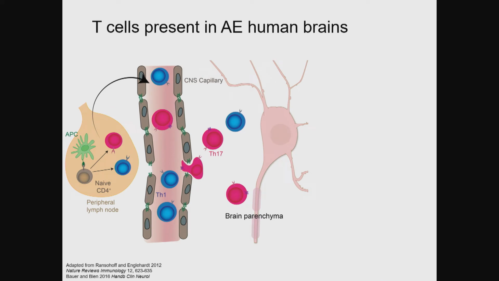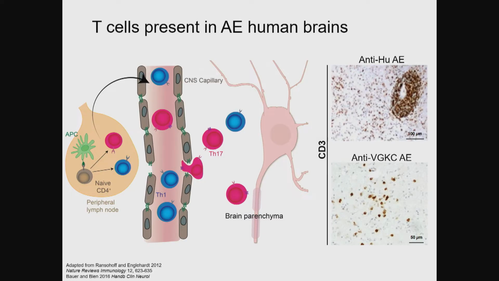So do we see T cells in autoimmune encephalitis brains that are not MS brains? And the answer is yes, we do. These are two postmortem brains from two different autoimmune encephalitis, non-PANDAS, but targeting two different brain antigens. So here in this top image, you can see T cells.